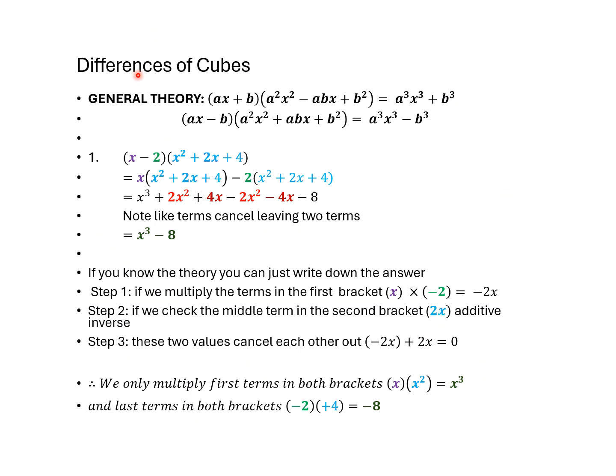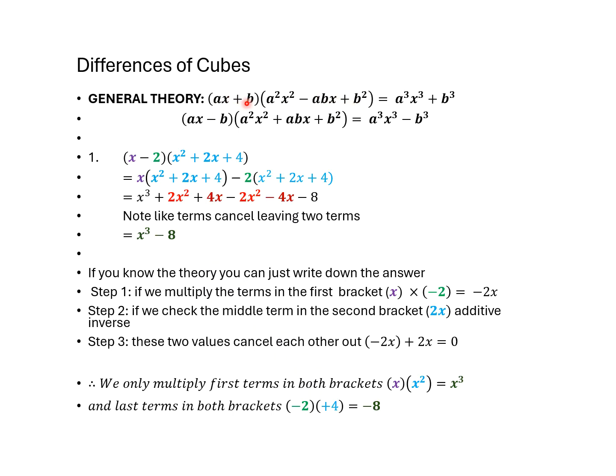Alright, so general theory for difference of cubes. If I give you ax plus b, a binomial, multiplied by a trinomial, I can check that a times a is a squared, x times x is x squared. Ax times b gives me abx positive, the middle term is negative abx, and b times b gives me b squared.